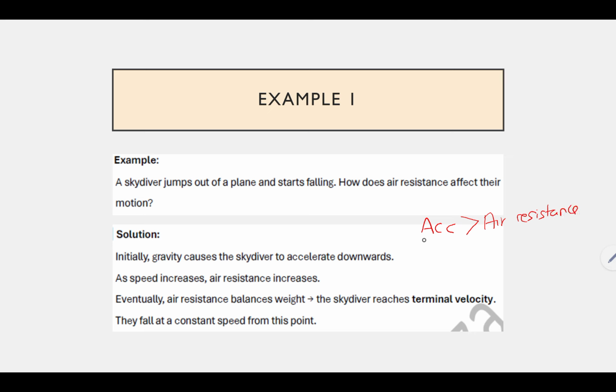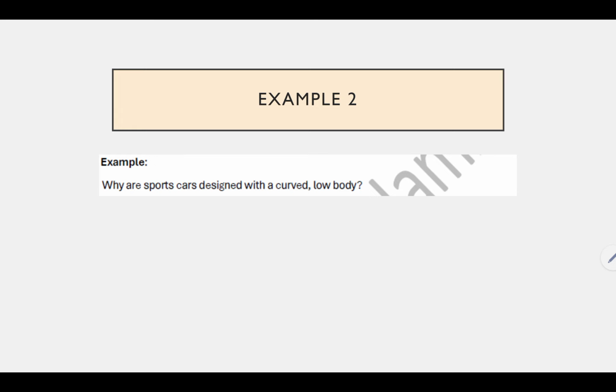The acceleration here is due to gravity since something is falling. Okay? And then after a while, what's happening? As speed increases, the air resistance becomes more, so the acceleration becomes equal to the air resistance. And we said when they become equal, two things happen. Constant speed, terminal velocity. All right?